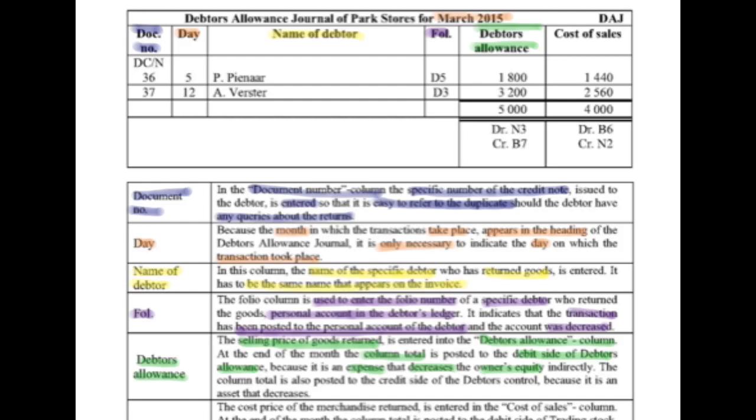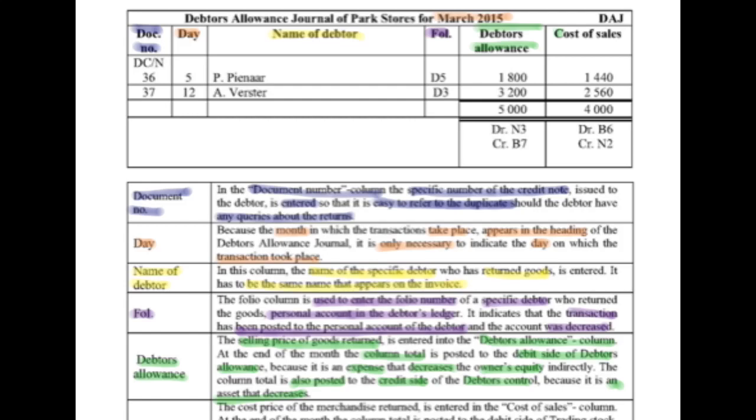The column total is also posted to the credit side of debtors control, because it is an asset that needs to decrease. Remember, when a return took place, the debtor is not going to still pay for those goods. So therefore we decrease the amount that they owe us in debtors control.